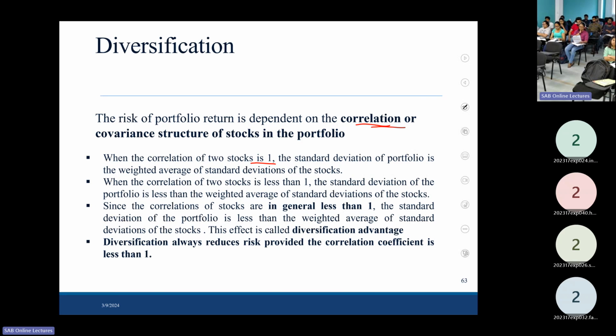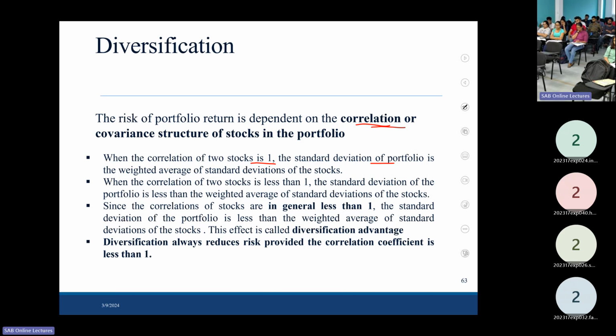The standard deviation of the portfolio is the weighted average standard deviation of the stocks. If the correlation coefficient of the two stocks in the portfolio is 1, perfectly positive, then the standard deviation of the portfolio, which is the portfolio's risk, is equal to the weighted average standard deviation of the stocks.